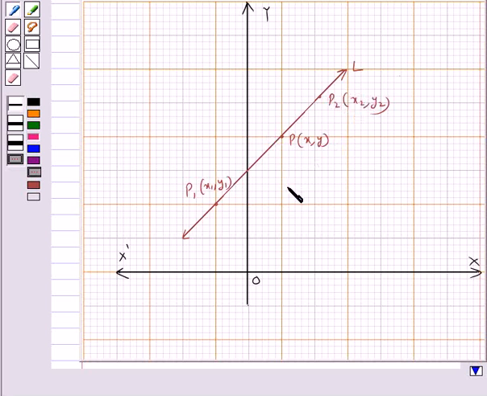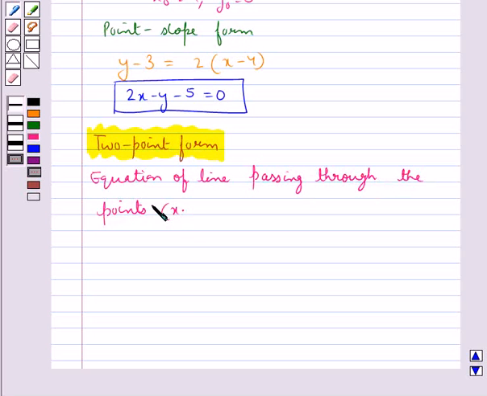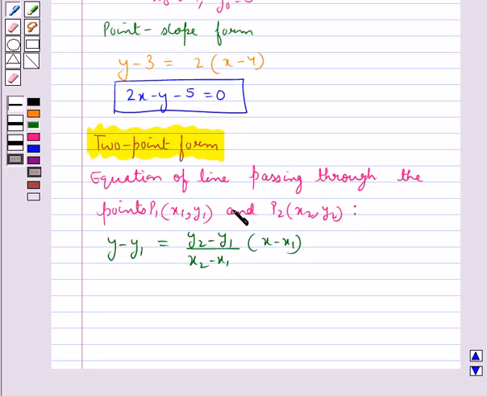Let point P with coordinates x, y be any general point on the line L. Then we have the equation of a line passing through the points P1 with coordinates x1, y1 and P2 with coordinates x2, y2 is given by y minus y1 equal to y2 minus y1 upon x2 minus x1 into x minus x1.